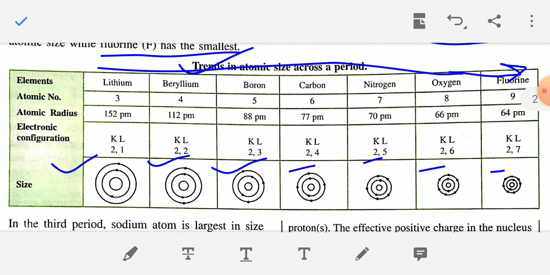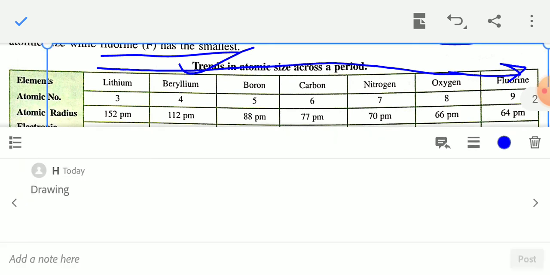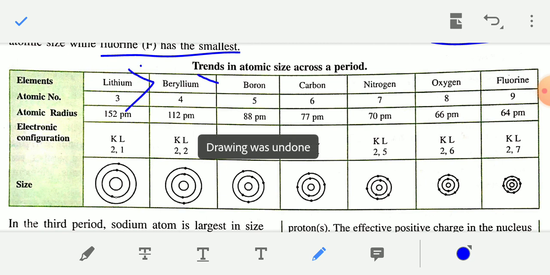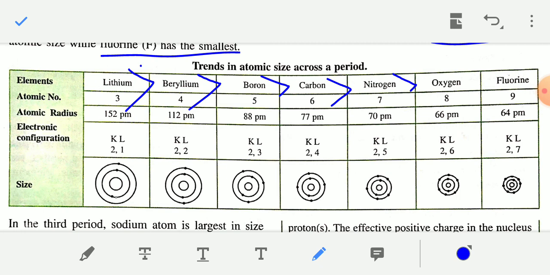Okay, so you can write size of lithium is less than size of beryllium, less than size of boron, less than, sorry, just opposite. Lithium is the largest, so size of lithium is greater than size of beryllium, greater than size of boron, greater than size of carbon, greater than size of nitrogen, greater than oxygen, like this.